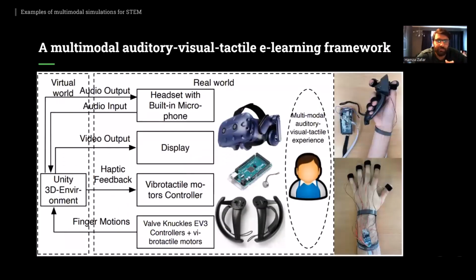To achieve such a goal, our team proposed a framework architecture encompassing software, hardware, and multimodal rendering strategies. The primary components of the proposed framework are the off-the-shelf Valve Knuckles EV3 controllers.